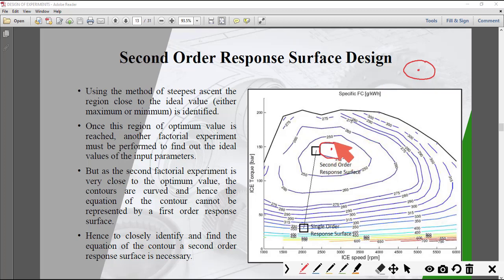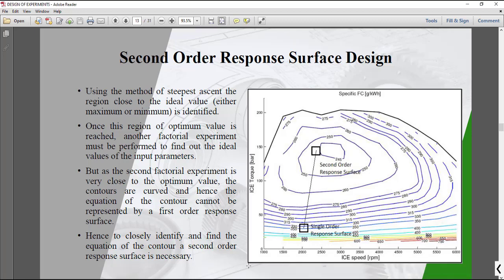That is exactly what we are trying to do here. So once we know the equation of the curve, we can find out the center of the curve. At the center of the curve, we can again perform a full factorial experiment, and we can justify that this value is the ideal value at which the experiment should be done. So that is why we use second order response surface design. So see over here.